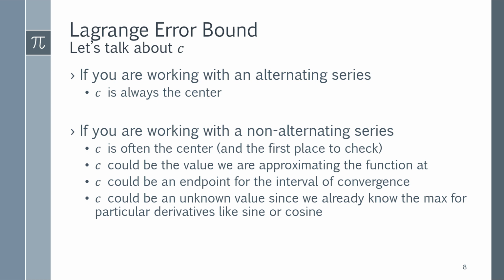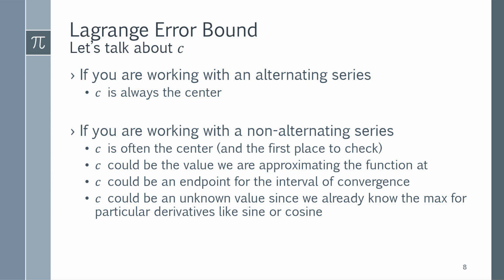So if my center is at 3, but we're asked to approximate 3.7, maybe my maximum value is at 3.7. It could be one of the endpoints for the interval of convergence. So you've seen we've done a lot of my convergent interval is -1 to 1. Well, maybe instead of the center being 0, my c would be a maximum when x is 1 or -1.